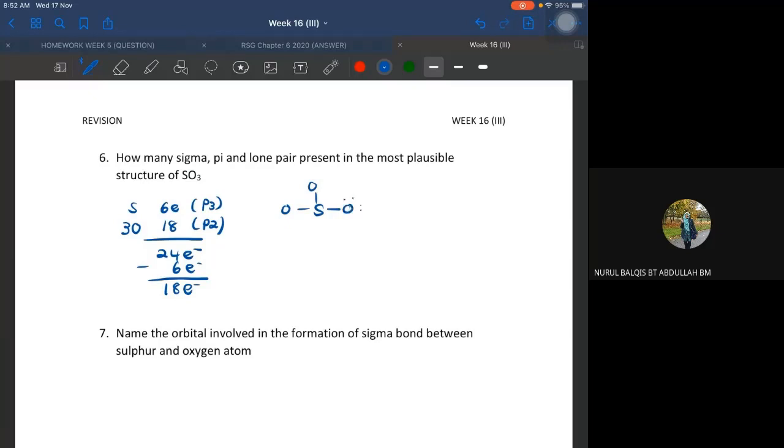1, 2, 3, 4, 5, 6 for each oxygen. Okay, lepas tu nak buat apa? Tengok S tu, S period 3. Dia ada possibility untuk form apa? Dia punya stability. We have to learn about 3 types of stability.